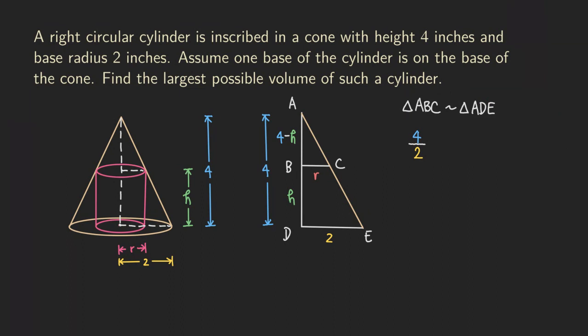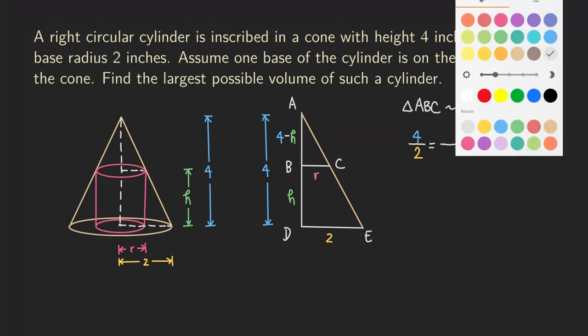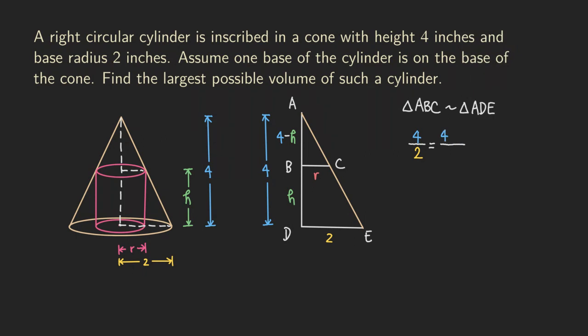And then that's equal to, because I put in the numerator the height of the larger triangle, on the other side of the equation I need to put down the height of the smaller triangle as the numerator, which is AB. And we did the calculation here, which is 4 minus H. So it will be 4 minus H.